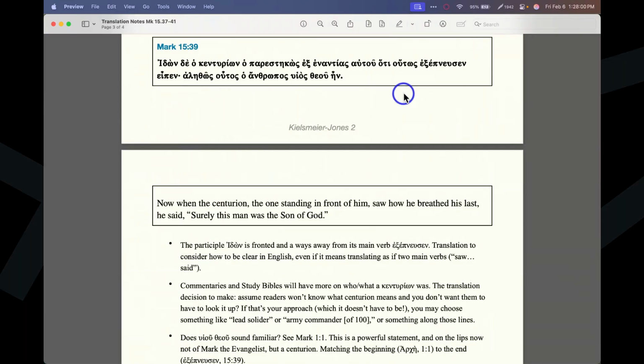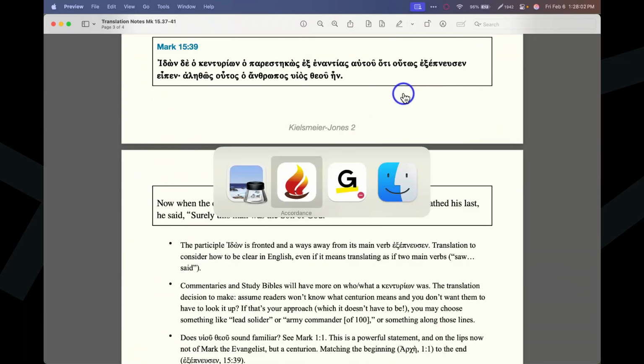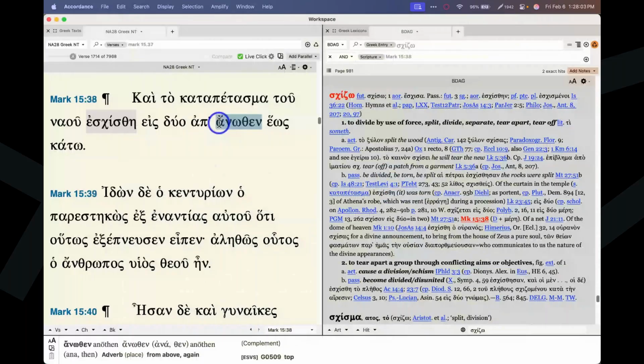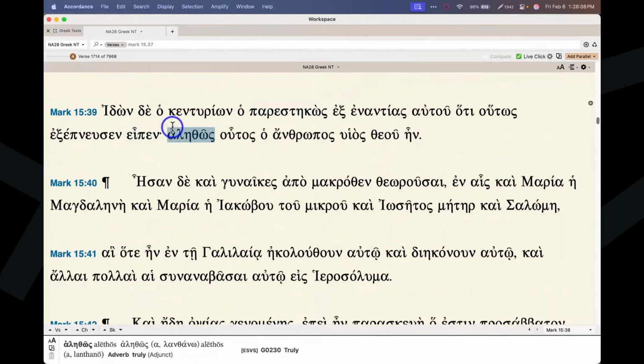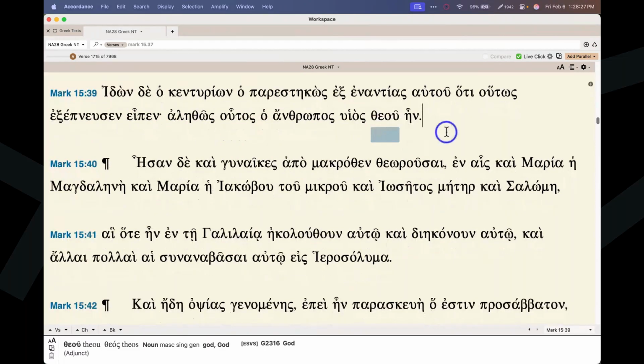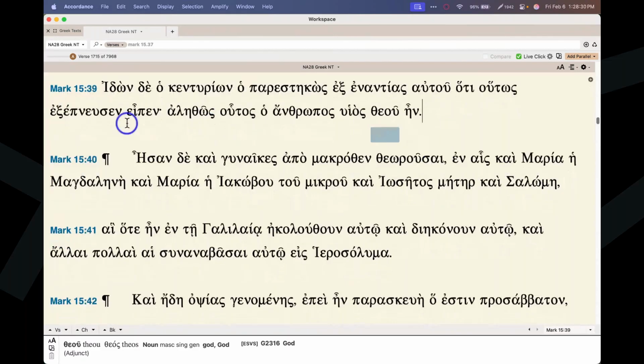All right, so now we're back at the cross in verse 39. And we've got idon de ha centurion ha paristikos ex enantias autou hatihutos ezepnusin epen alethos hutas ha anthropos huias theou ein. And we're just going to go left to right at first, which is going to be awkward, and we'll work on word order in a minute.